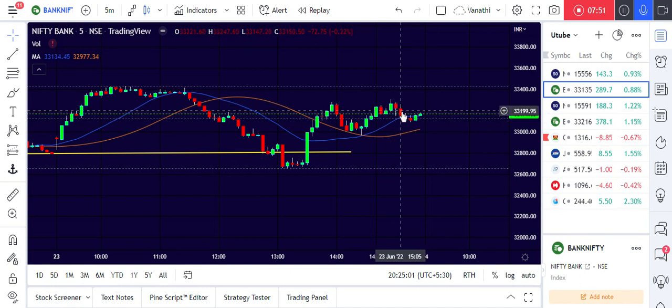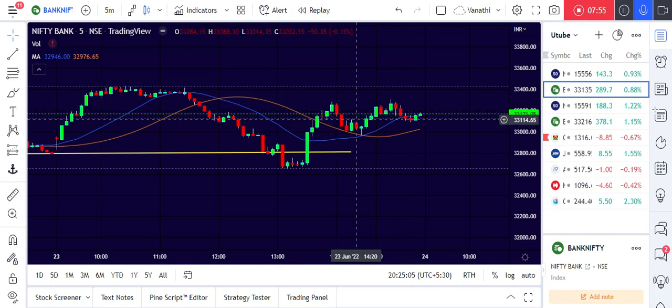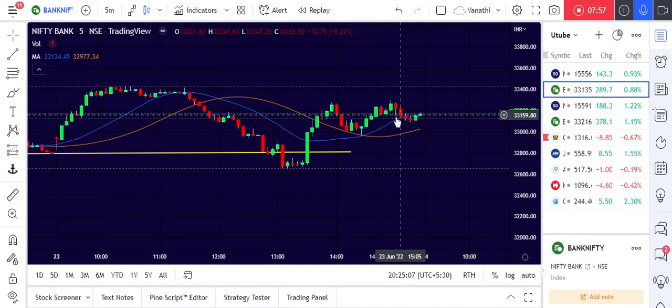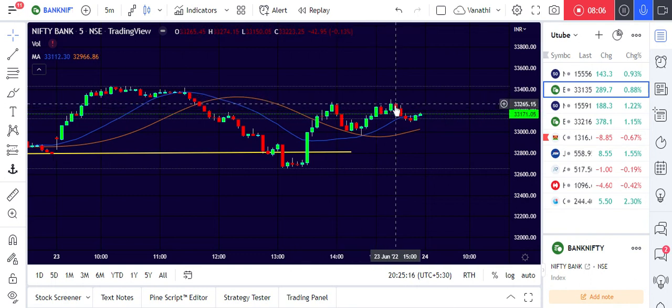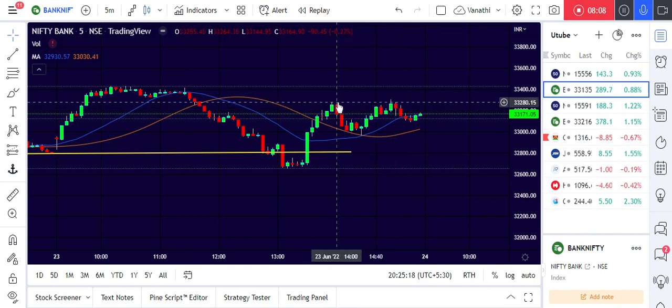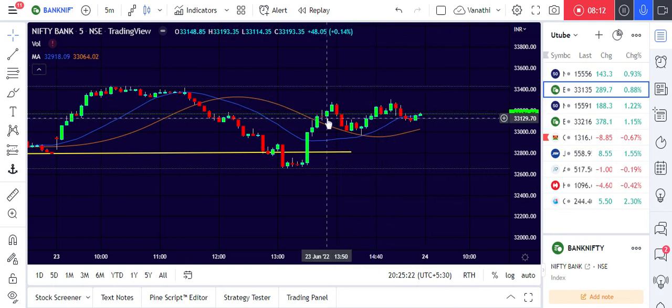So the loss I made in this trade by going long, I recovered in this move. Here I understood it would be forming a double top, it is unable to move beyond that. So I bought a put and recovered the loss I made by going long around this level. So that was the wrong trade I have taken.